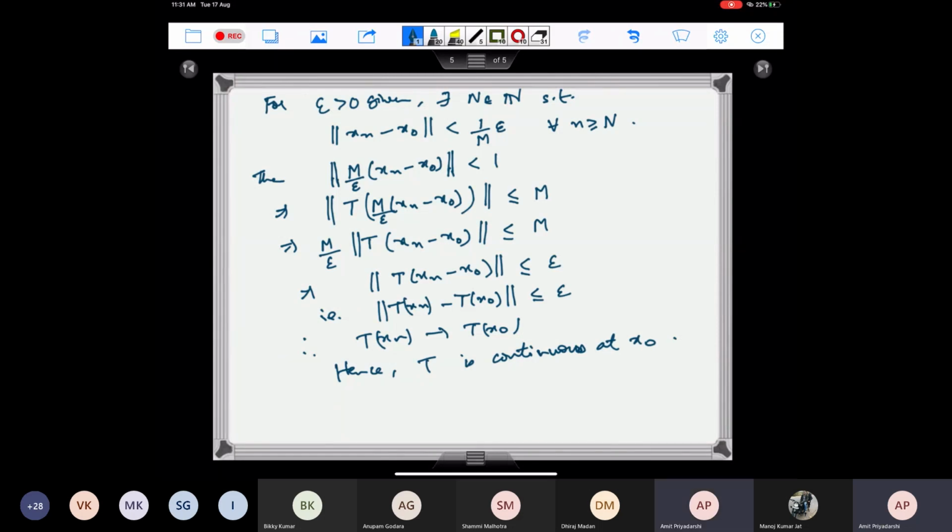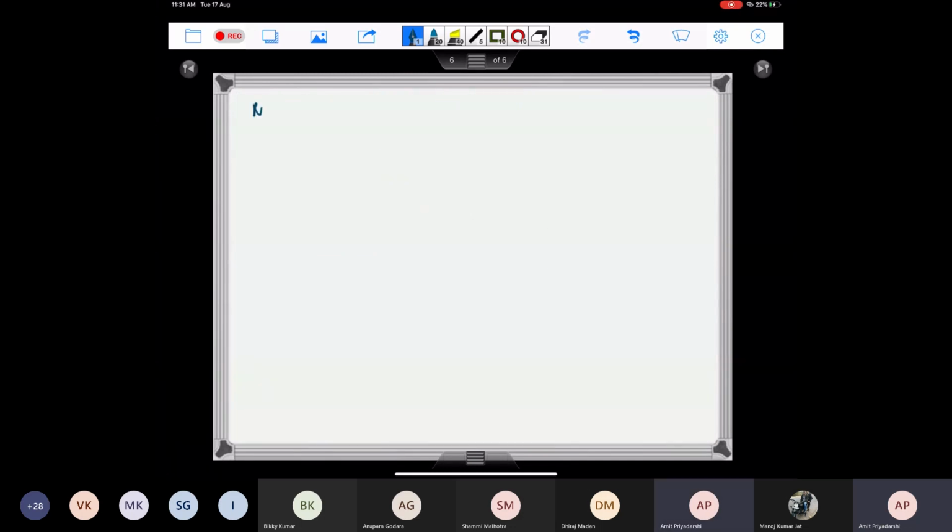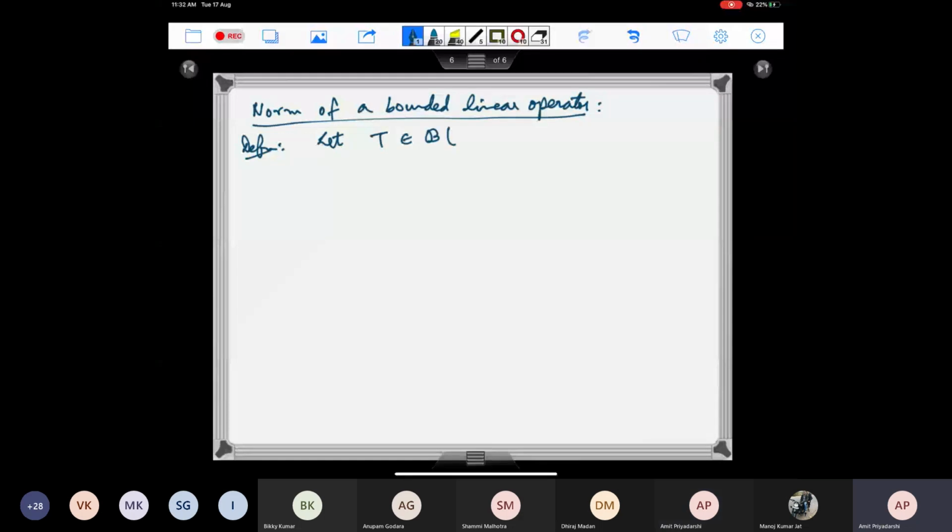So now we will define the norm of a bounded linear operator. Let T belong to B(X,Y), where X and Y are normed linear spaces.